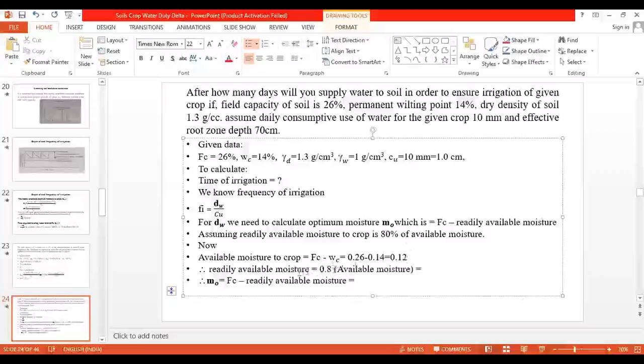Now the readily available moisture is 80%, we have assumed, that is 0.8 of available moisture, equal to 0.8 into 0.12, isn't it? So that is equal to 0.096. That is the magnitude we got.